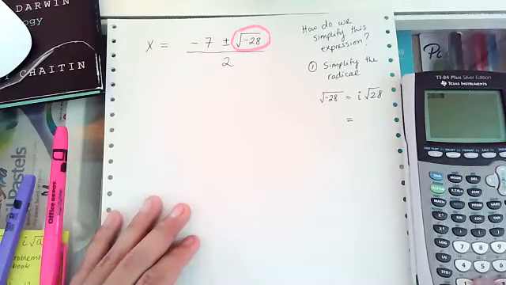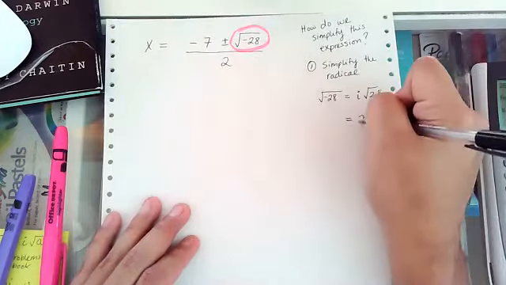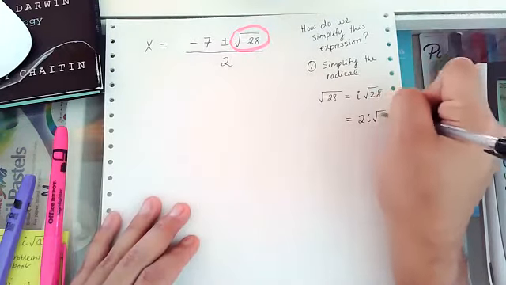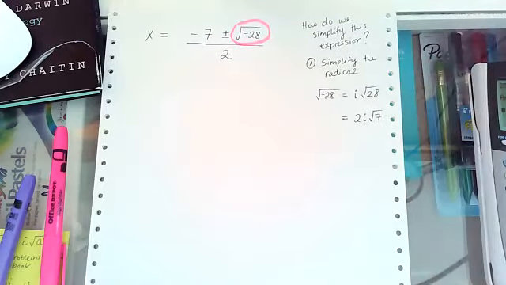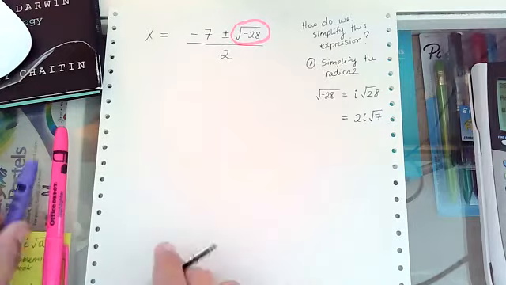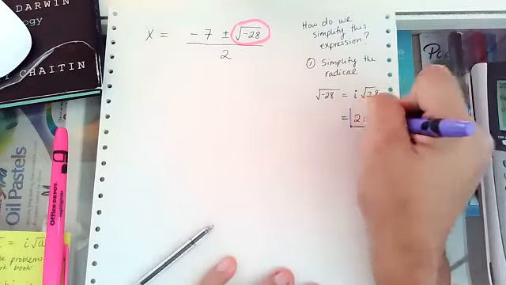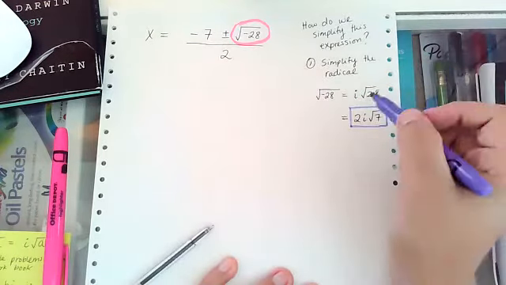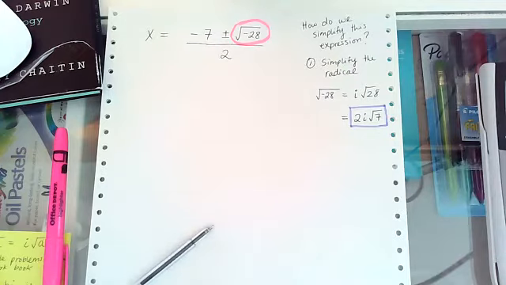So 28 divided by 2 divided by 2. Okay, so that's going to be 2i root 7. I'll give you some time to figure that out, but I skipped all the steps in between.